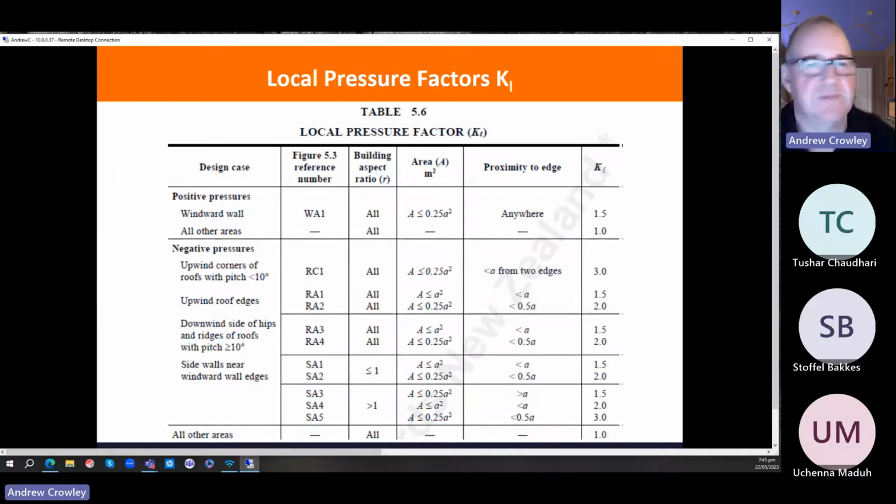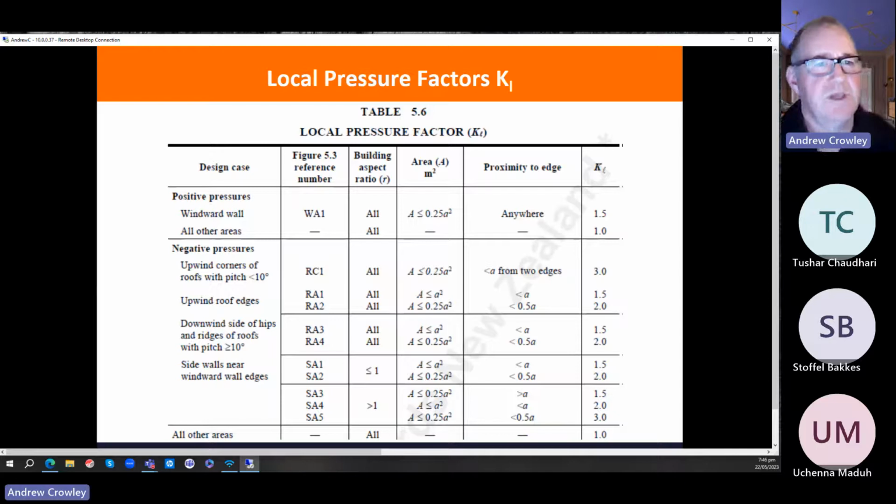Potentially you could have up to 16 wind load cases if you really want to. If you're doing it by hand, you want to simplify it, just take the worst case. If you've got software, it will allow you to do it in all sorts of directions as well. And we can look at software a bit later as well.